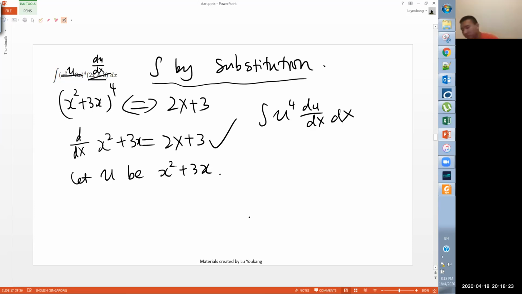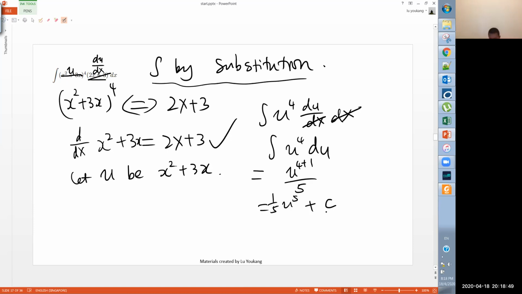So what do you get? Can you see that this dx and dx cancel each other, because it's times? So ultimately you just integrate this thing. So power plus 1, bring down the resultant power. So you end up with this. Of course, you need a plus c.